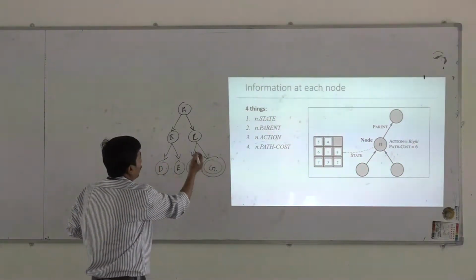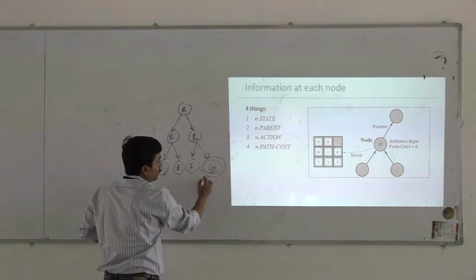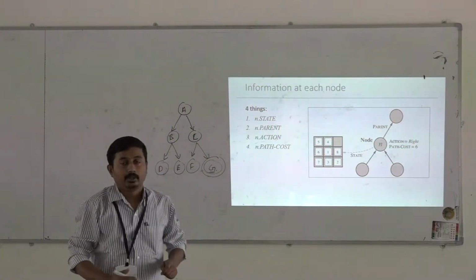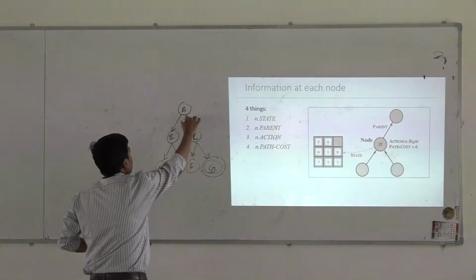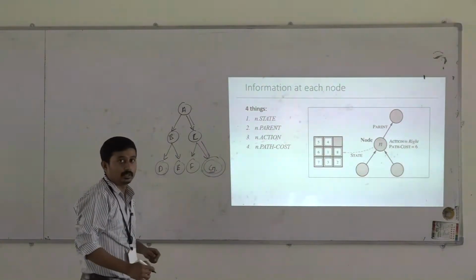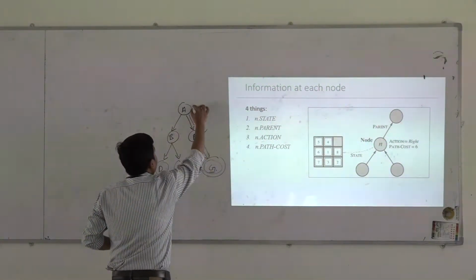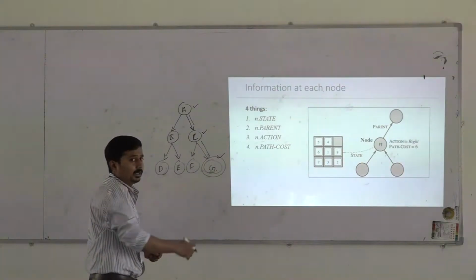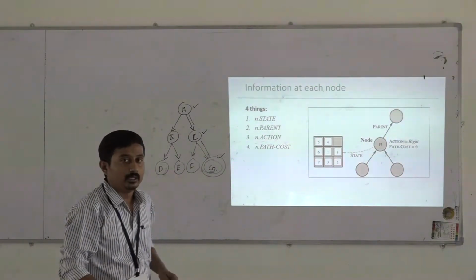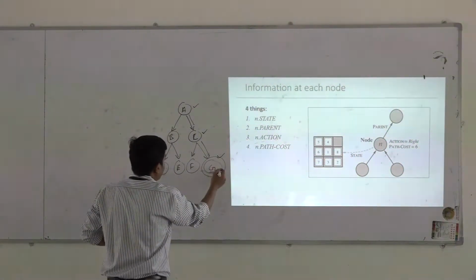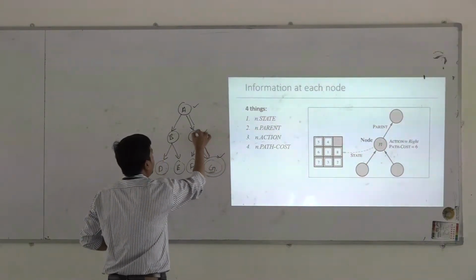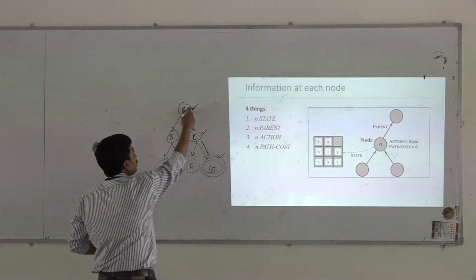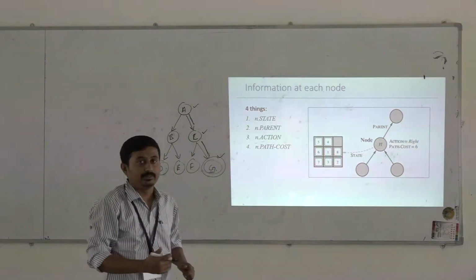Now ultimately you will reach this goal, but that is not our aim. We have to find a solution path, right? We want this path. So every node in this path should store some information. By using that information, we will be able to backtrack from the goal to the root.